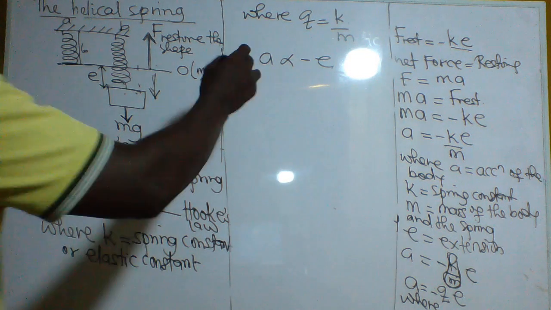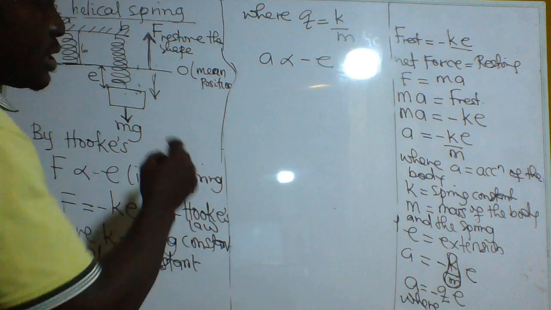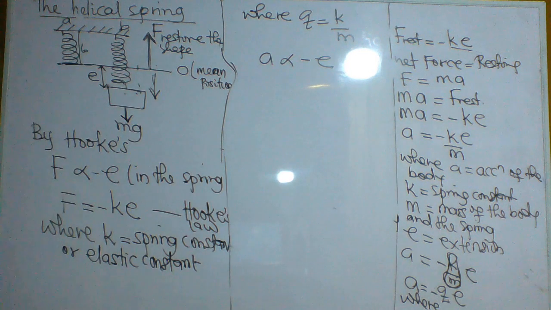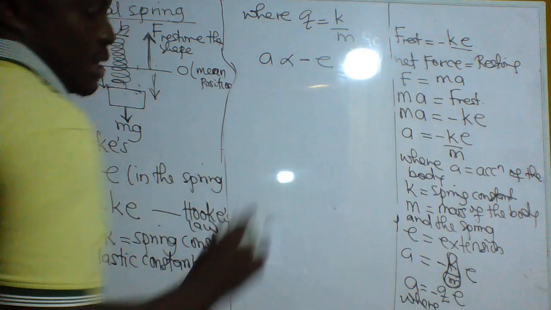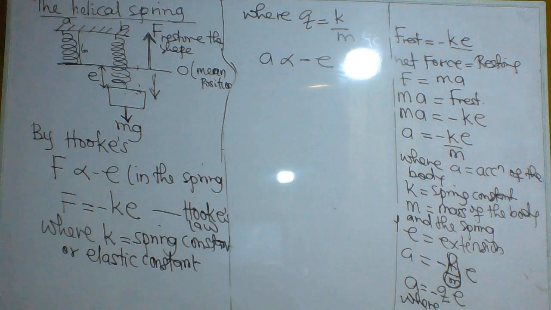Okay, and e is the extension or the displacement in the spring, and the minus sign shows the direction of the acceleration.